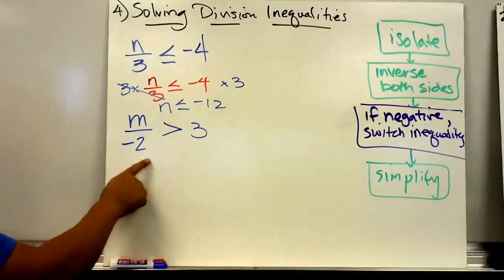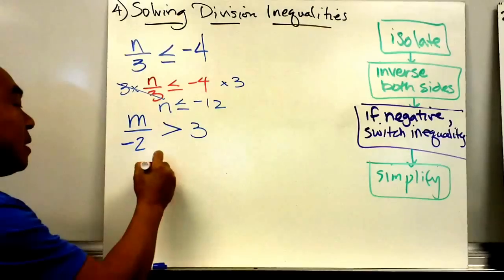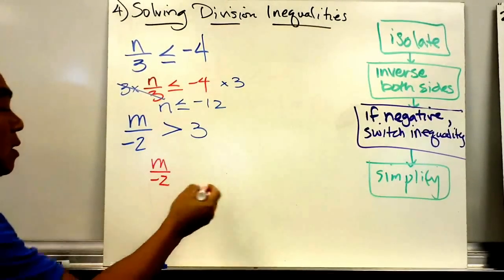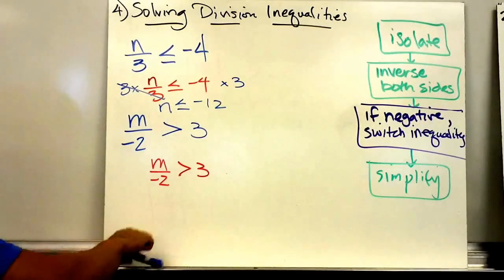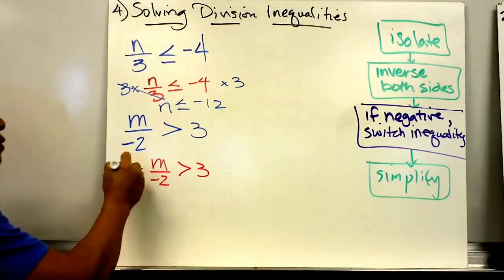Okay, now this one, we do have to worry about it. So I'm going to rewrite. So I have m over negative 2, is greater than 3. And I am trying to get rid of this negative 2 here. So I'm going to multiply by negative 2 to both sides.